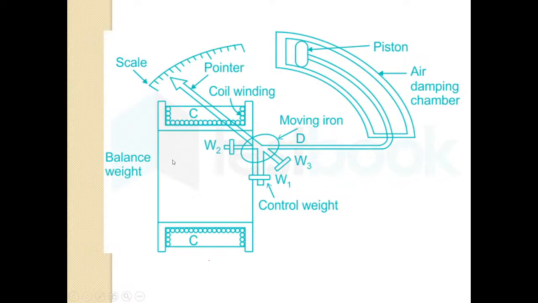Here these three, W1, W2, W3, are the counterweights. They are the counterweights to control the movement of the pointer. Here you can see control weights is mentioned.